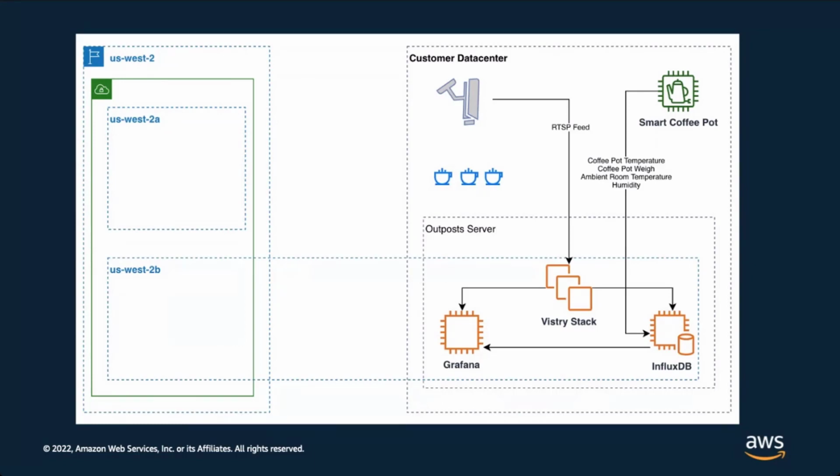And then the Smart Coffee Pot, we have a bunch of different sensors for things like the coffee pot temperature, the weight, the ambient room temperature, the humidity in the room. And we're taking all those, I think it's like a 1 second interval, and we're pushing those metrics into InfluxDB, and then Grafana is pulling that.